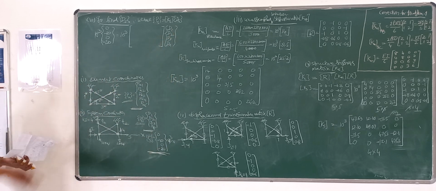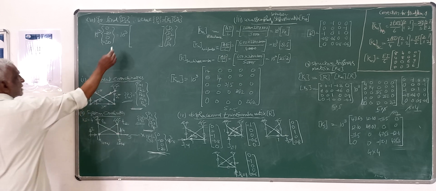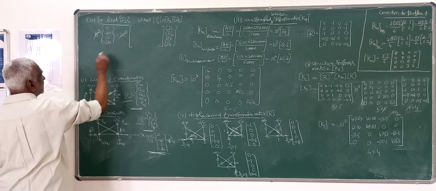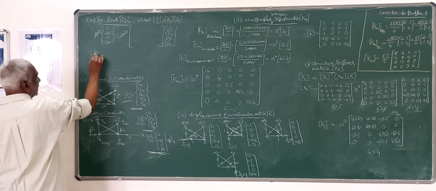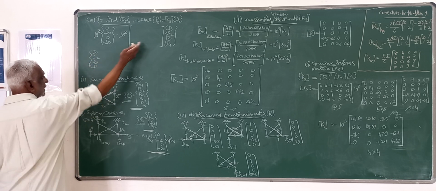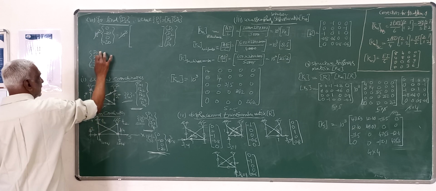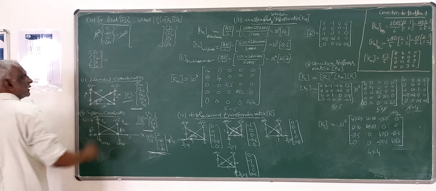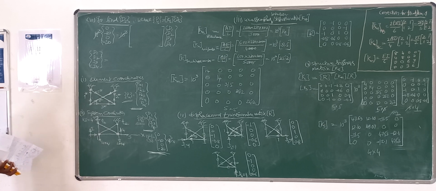Now it is a linear simultaneous equation. We can solve for d1, d2, d3, d4. Straight away you can give this matrix into MATLAB or software and you get the result.